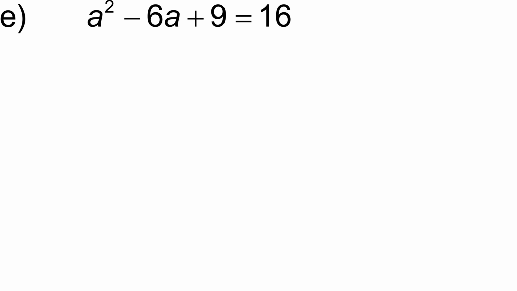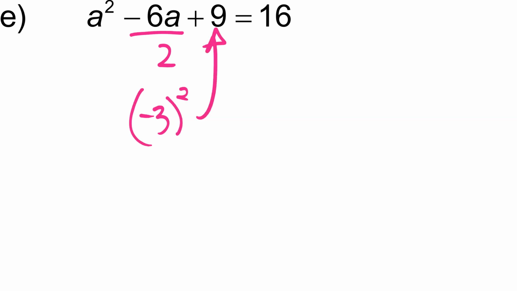So on this left side, I could factor it. This left side is a perfect square trinomial. How do I know this? Half of the middle is negative 3, and if I square it, it's equal to my c. So I could write the left side as x minus 3 times x minus 3. Also, I could write it as x minus 3 squared.